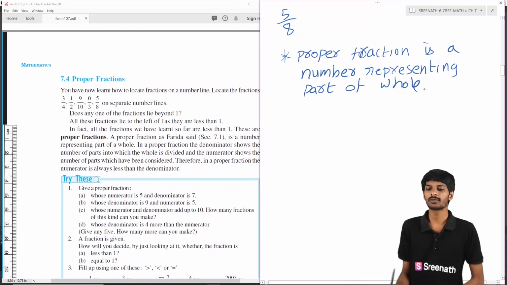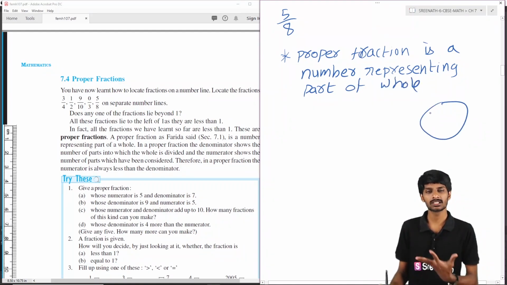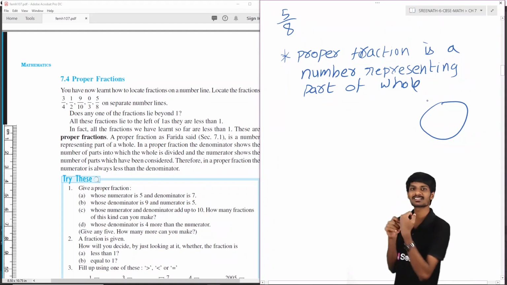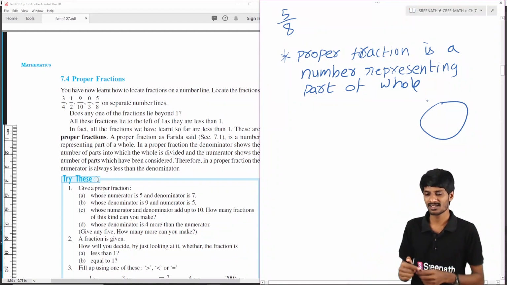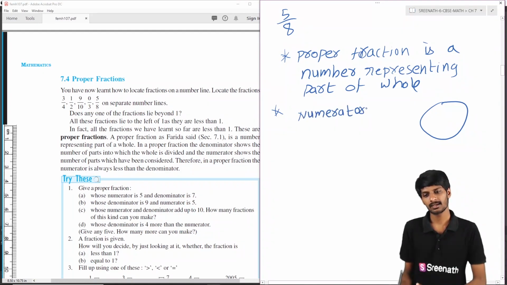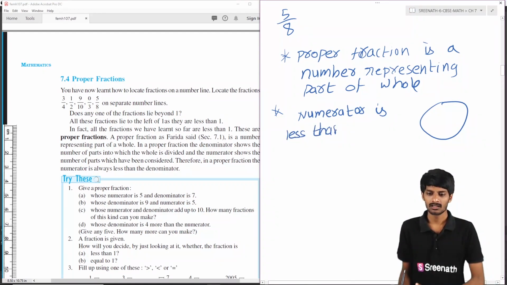So every time you take a whole thing and make it into some equal parts, it will always represent some parts out of the whole, students. Okay, that is the case. And one more thing, in a proper fraction, the numerator is less than the denominator.